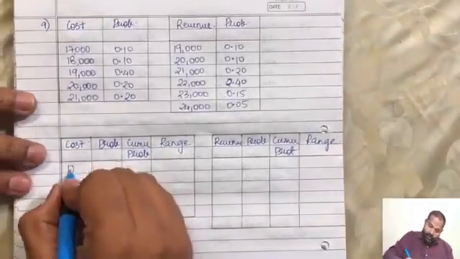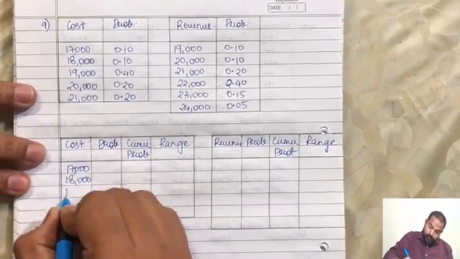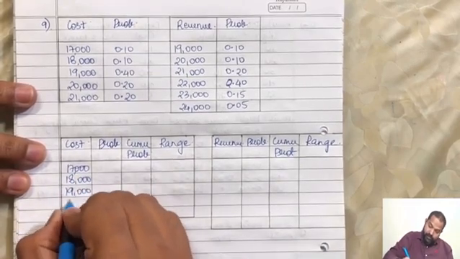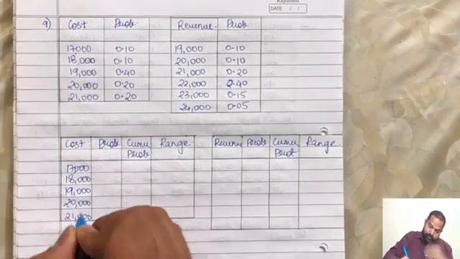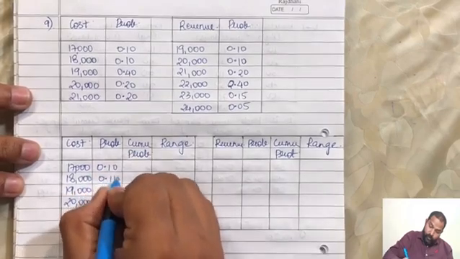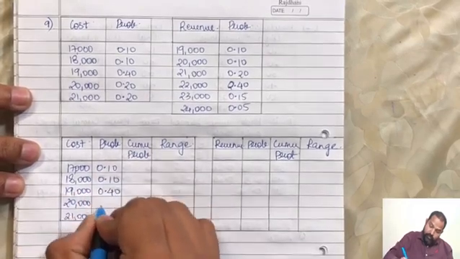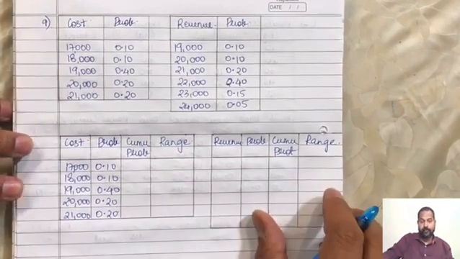One at a time. Costs: 17,000, 18,000, 19,000, 20,000, 21,000 with probabilities of 0.10, 0.10, 0.40, 0.20, 0.20.